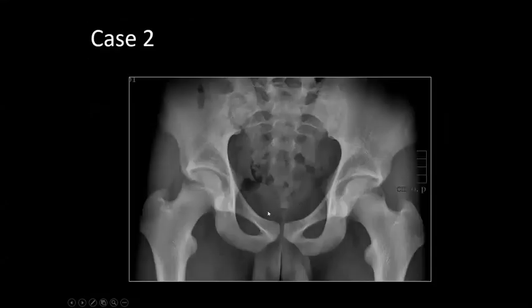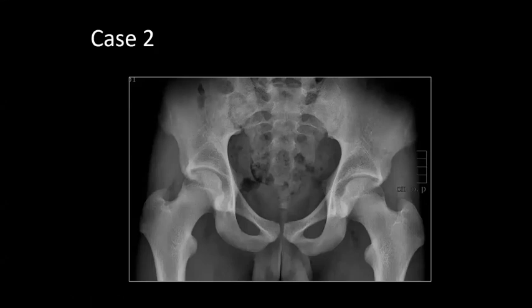The second supporting feature of acetabular retroversion in this patient, which is actually on both sides, and you see how the anterior wall of the acetabulum crosses over the posterior wall here and also there, is the ischial spine sign. Normally the ischial spine should be directed posteriorly, so you don't see it.